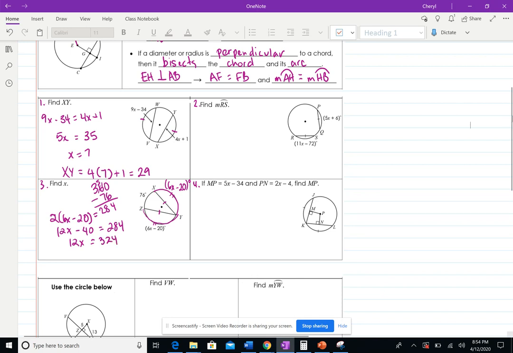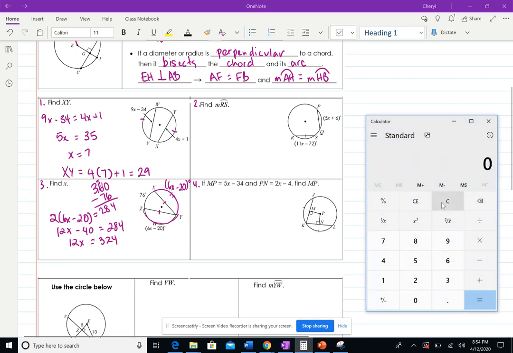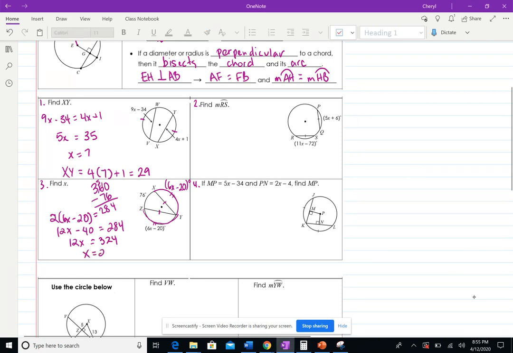Let me get my calculator. So we have 324 divided by 12, which gives us x equals 27. Okay, so go ahead and pause the video and complete number 2 and 4, and then come back and we're going to do the next 2 problems together. So pause the video now.